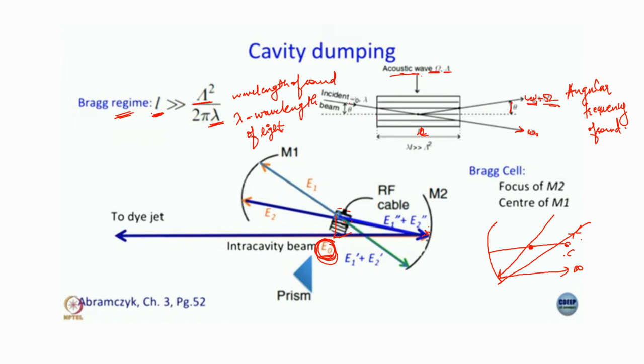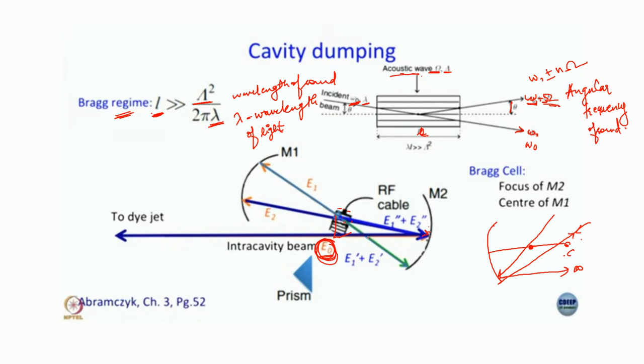Meanwhile, what we thought about cavity dumping is that when the incident beam of angular frequency omega naught and wavelength lambda passes through the Bragg cell, some part of it goes straight with the same angular frequency omega naught, and the other part gets deflected and also possesses the angular frequency of sound, which can be written as omega naught plus minus n rho omega.